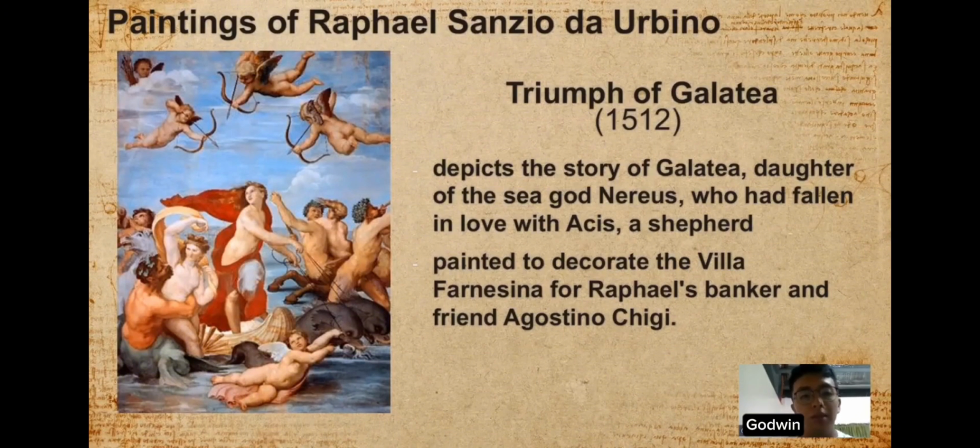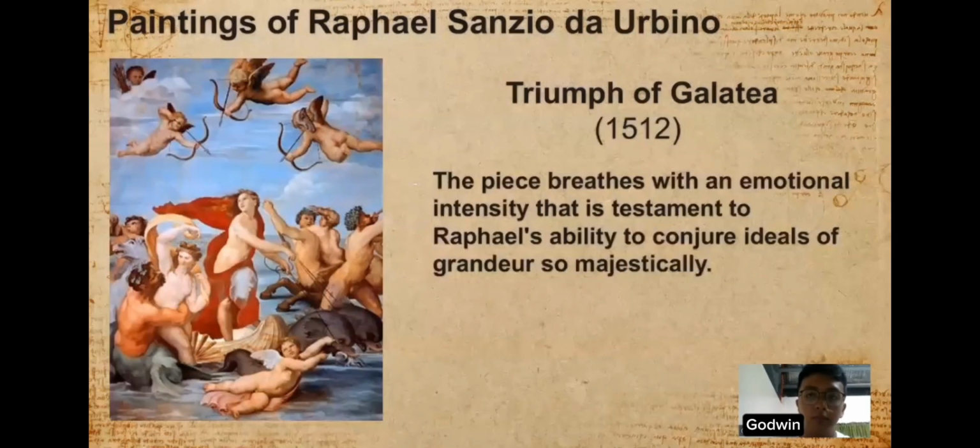This painting also represents the love between two people, more specifically, Galatea and Acis. This piece also breathes with emotional intensity that is a testament to Raphael's ability to conjure ideal grandeur so majestically.